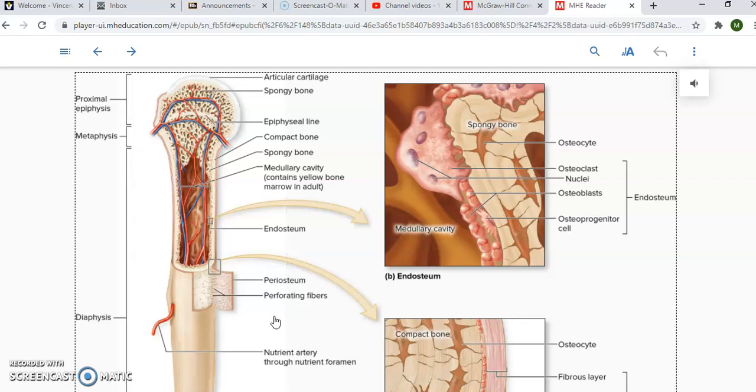Nerves can also do that as well, but in this case, we're looking at just the blood vessel coming through that hole. So remember foramen, that's the term that we use a lot when we're talking about the surface markings on bones. Anytime there's a hole in a bone, they'll generally use the term foramen for that.